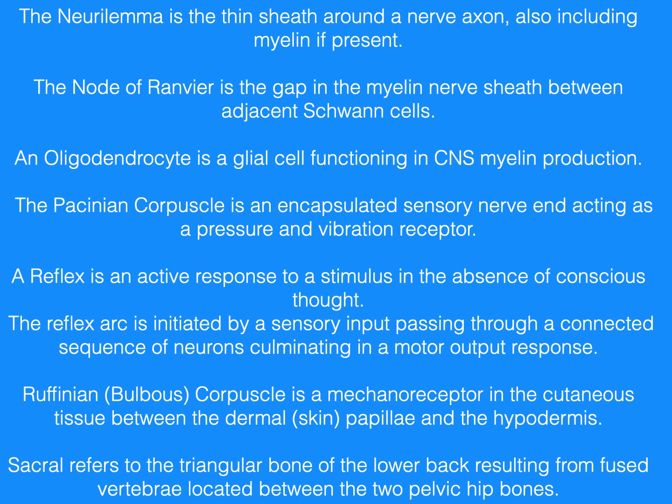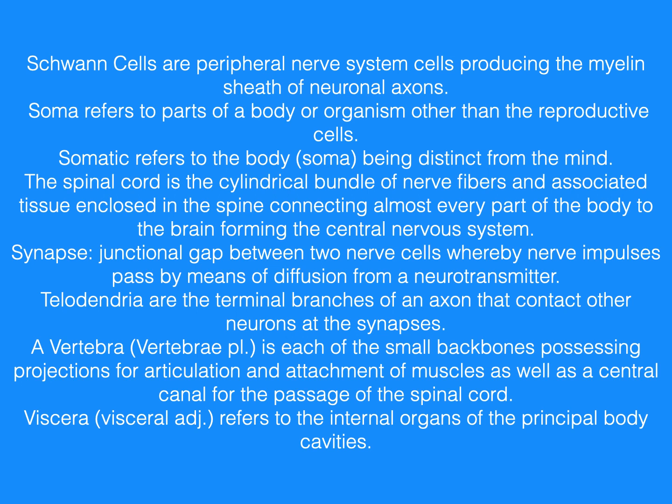Sacral refers to the triangular bone of the lower back, resulting from fused vertebrae located between the two pelvic hip bones. Schwann cells are peripheral nerve system cells producing the myelin sheath of neuronal axons.